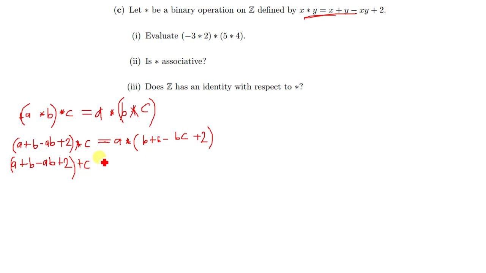So we have minus, where there's X, I'll repeat that, A plus B minus AB, then plus 2. Then my Y is simply just C, and then we say is equal to, you also do the same on this side. Oh sorry, before I do that, there is a plus 2 at the end, plus 2.